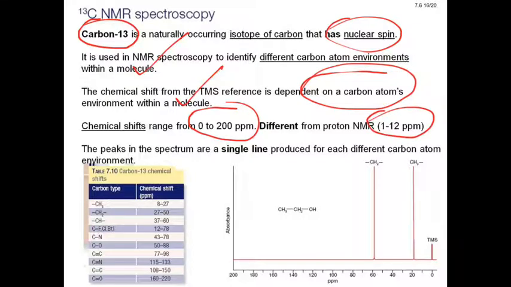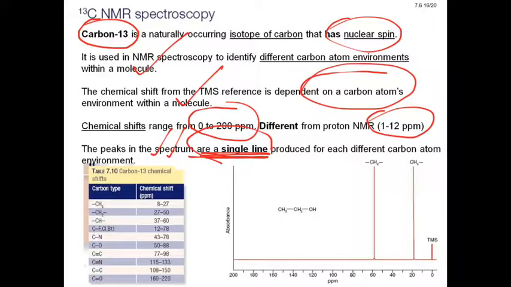Peaks in the spectrum. Now this is good news, isn't it? This is why they never ask you any exam questions on carbon-13 NMR, because they're always a single line. There's no spin-spin coupling, at least not within the scope of this course. So it's always a single line, and that's why it's a bit too easy for them to set you a question.